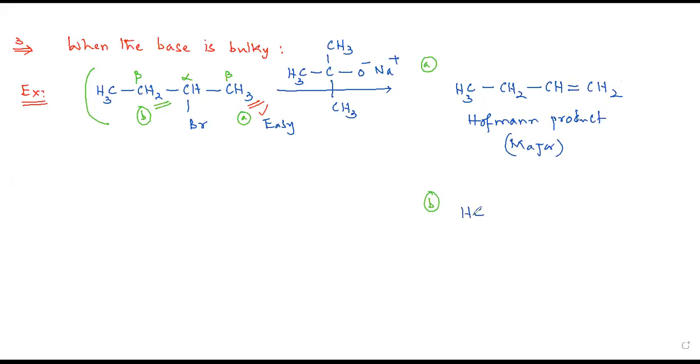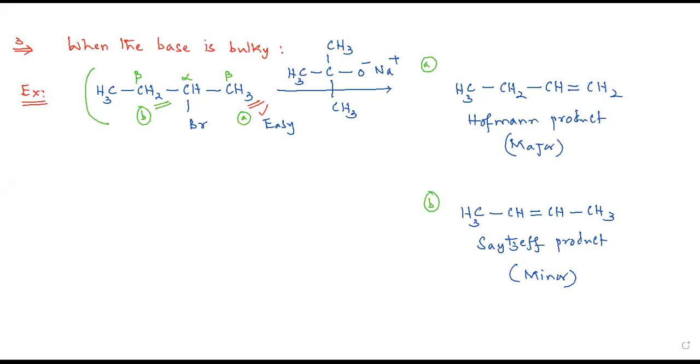Now B. So this is Zaitsev product. This is minor. Okay. So the third one is when the base is bulky, we get Hofmann product as the major one.